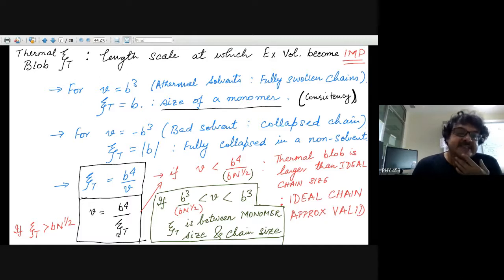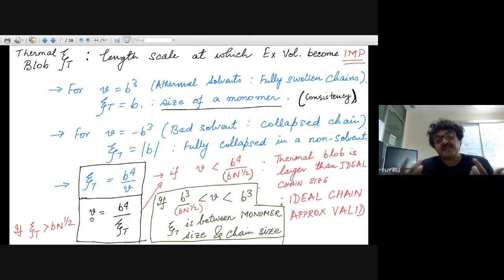Now the question is, for small chains, if zeta t is greater than the entire length of the chain, then though there is a finite positive value of v, you're going to always see the entire chain behaving like an ideal chain. Okay, so basically zeta t will be greater than the length of the chain.